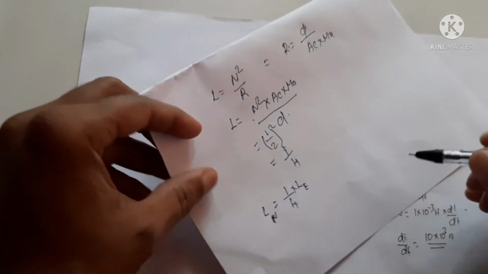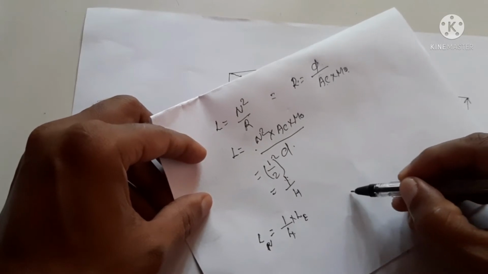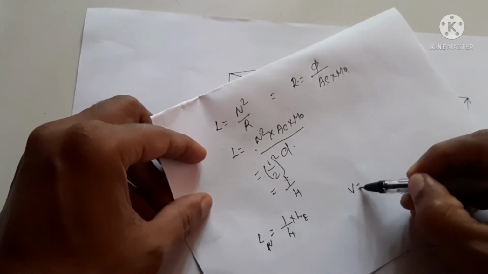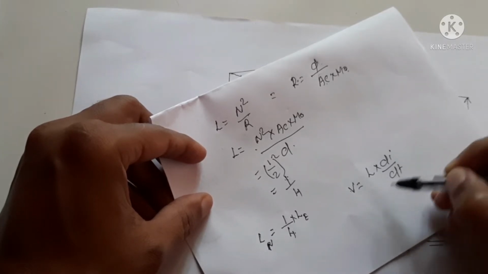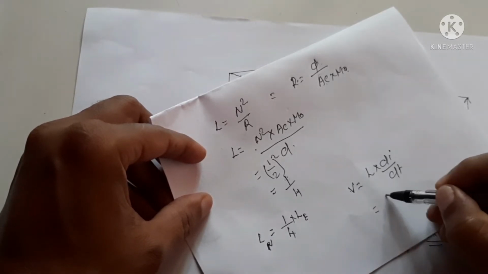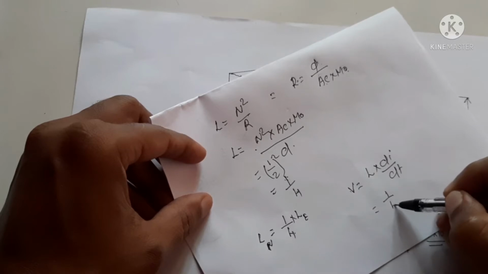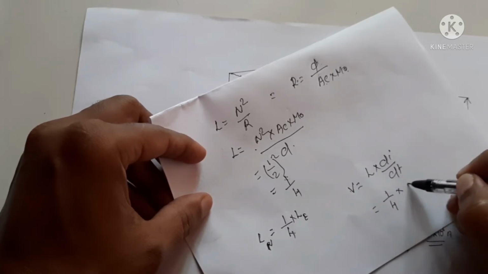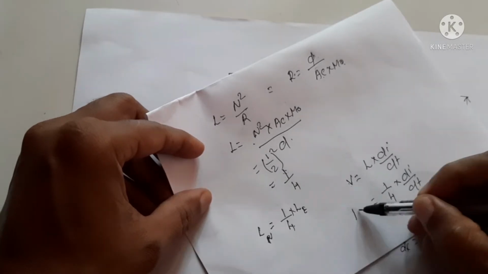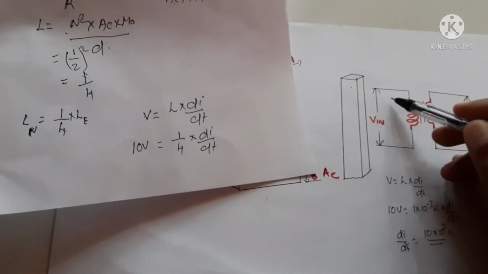Now if we calculate, the voltage is equal to L into di by dt. L is now decreased to 1/4, and the same 10 volts is applied here.